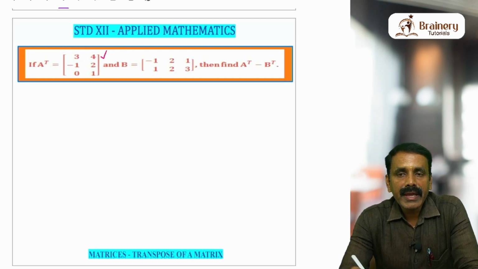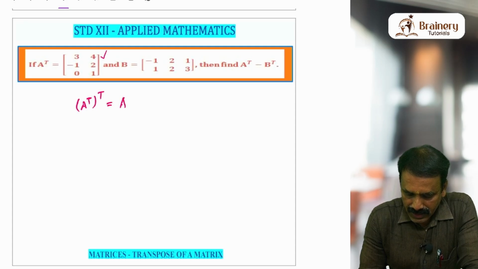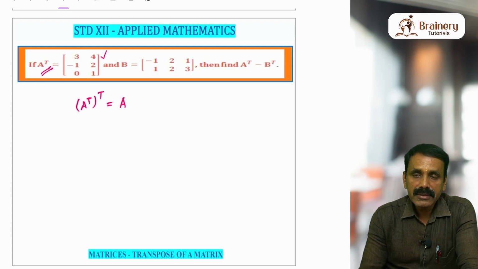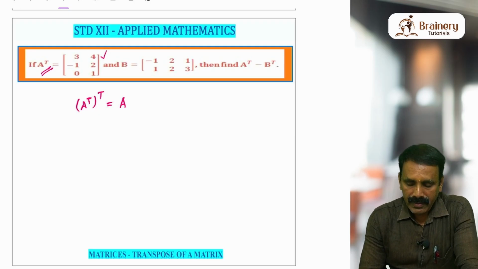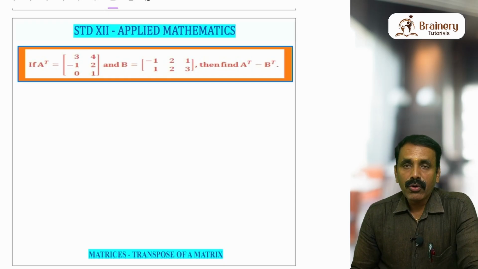If you want to find A from A transpose, we have to transpose A transpose, because A transpose whole transpose is nothing but your A. So find the transpose of this matrix by which you can calculate A, and you can take this problem as homework.